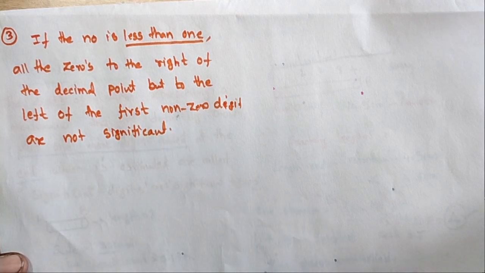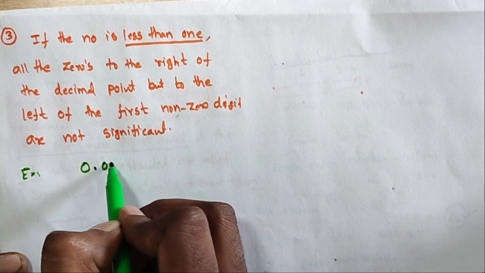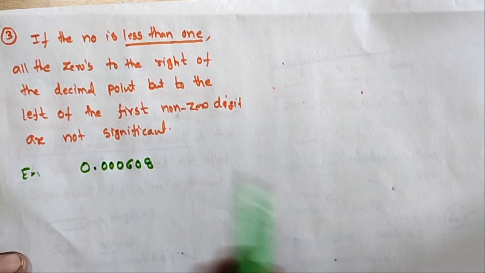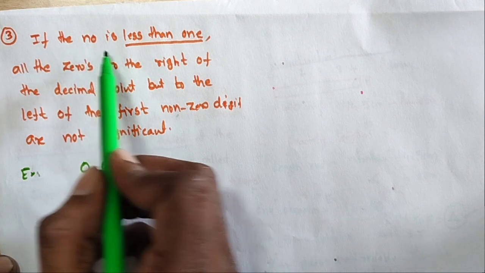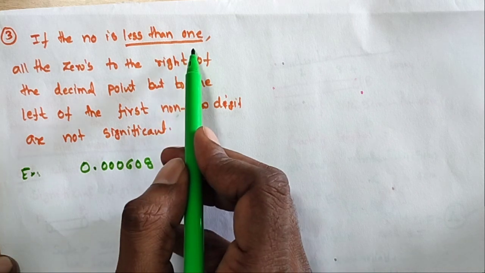Here I will take one example, a very good example. So here I am taking 0.000608 for example. If the number is less than 1, yes, sure, 0.00 means it is less than 1.